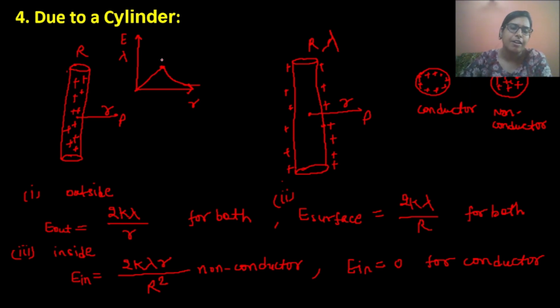So maximum electric field will be at the surface, that will be 2k lambda upon capital R. This is the graph for non-conductor. For conductor, graph will start from surface because inside it is 0. So graph will start from surface and it will be like this.